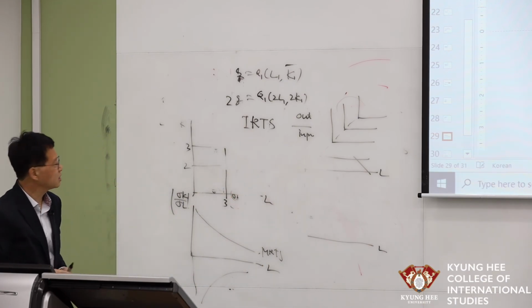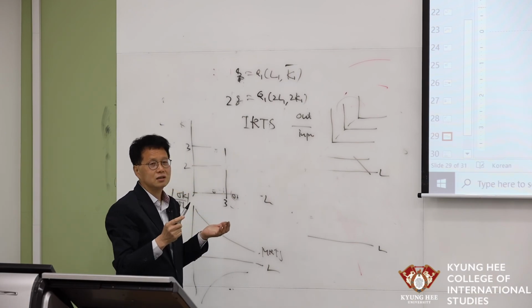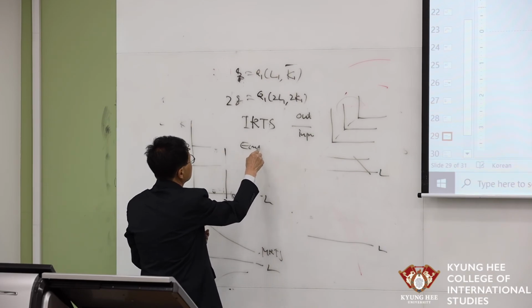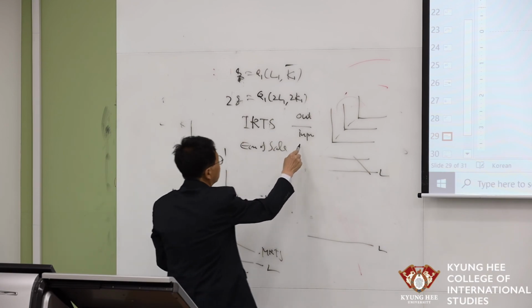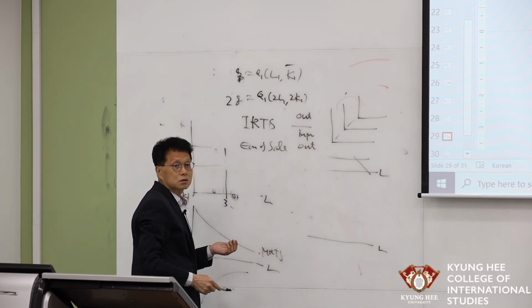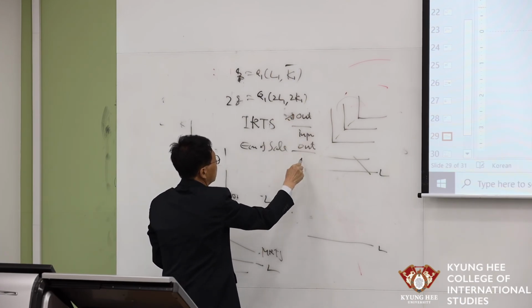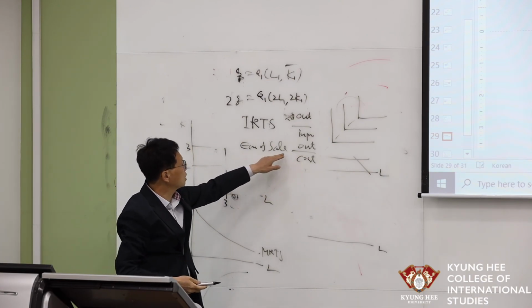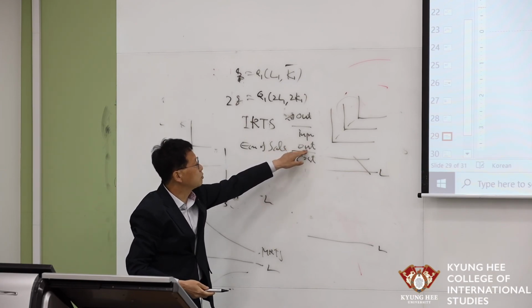But in the next chapter, we also study economies of scale. Economies of scale say how much output changes when cost changes. Cost doubled, for example, output more than doubled.